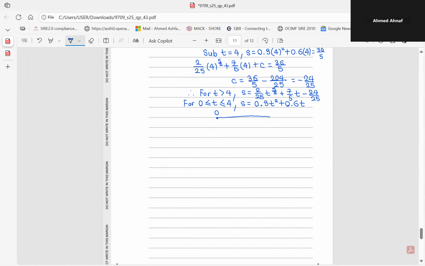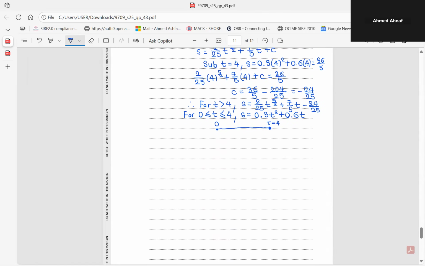And 4, you will get 7.2. This is until t equals 4. Yeah, so the displacement is always positive.